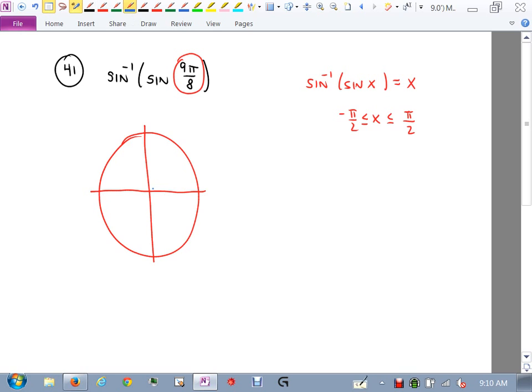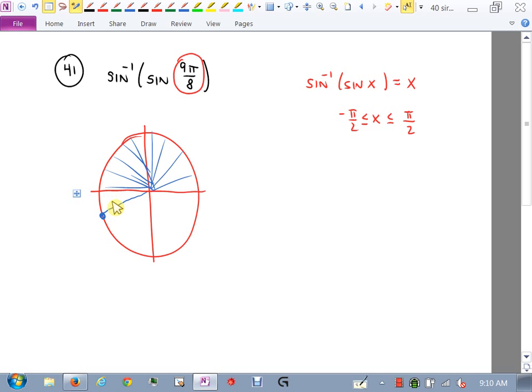You can imagine cutting this thing up into 8 little sections, right? And you're going to the 9th one, right? I don't know if I drew enough lines there, but you get the idea. You're counting by pi over 8, 2 pi over 8, 3 pi over 8, 4 pi over 8, all the way you get 8 pi over 8 is pi. 9 pi over 8 would be a little bit past pi.